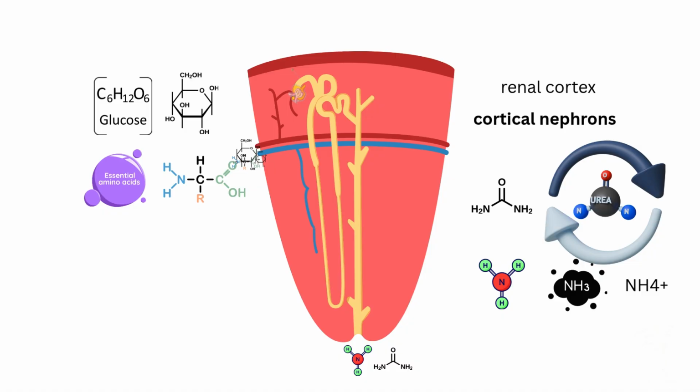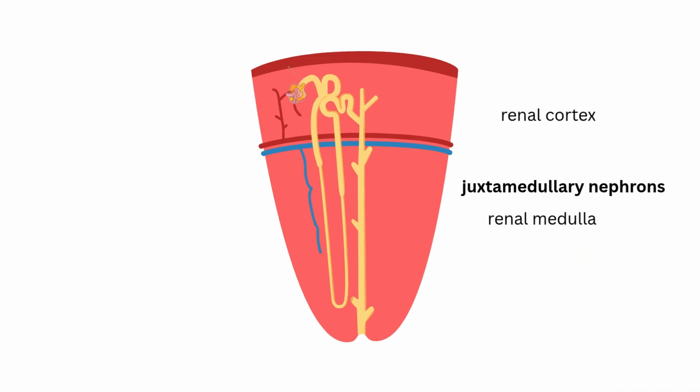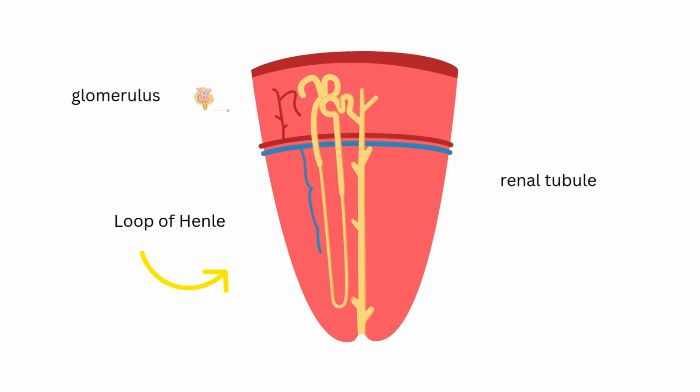Cortical nephrons are responsible for removal of waste products like urea and ammonia and reabsorption of nutrients such as glucose and amino acids. Near the renal medulla lie the juxtamedullary nephrons with longer loops of Henle. They have the primary function of concentrating the urine and maintaining water balance.